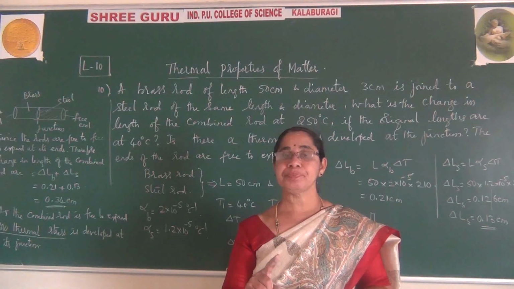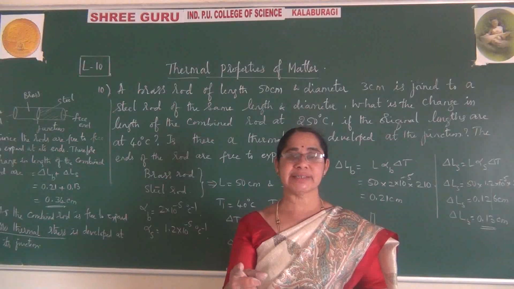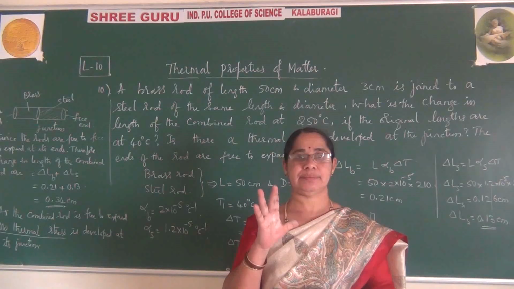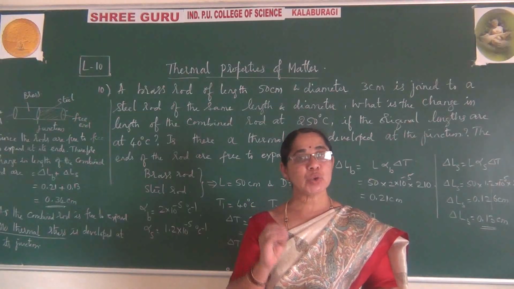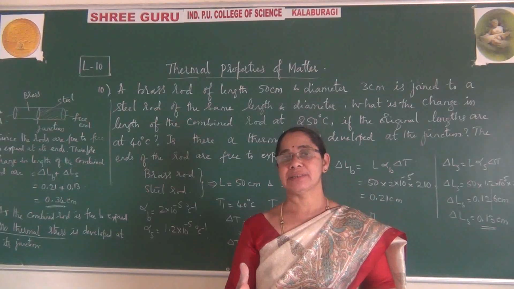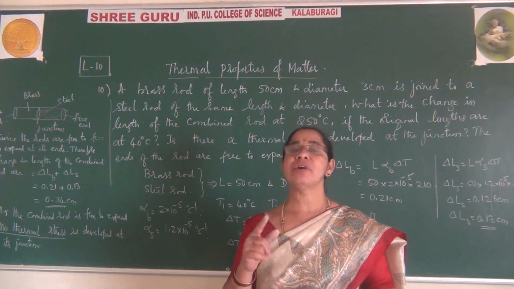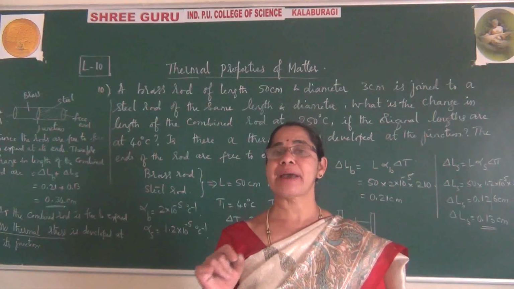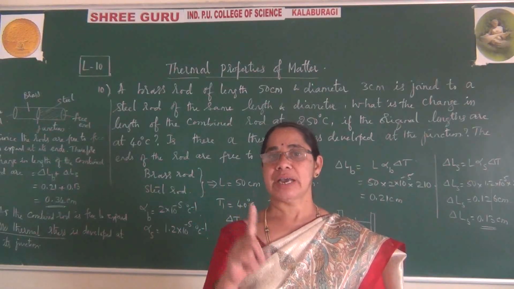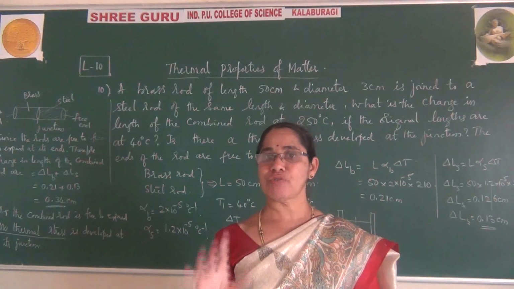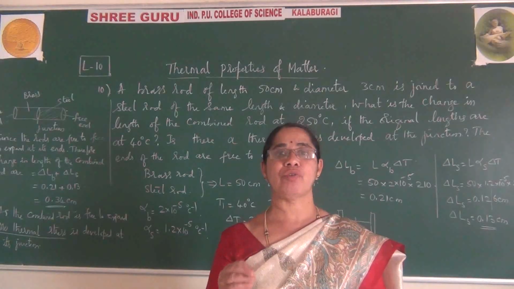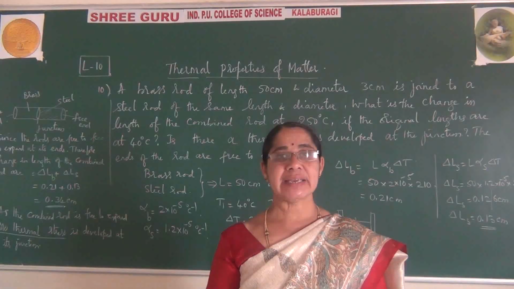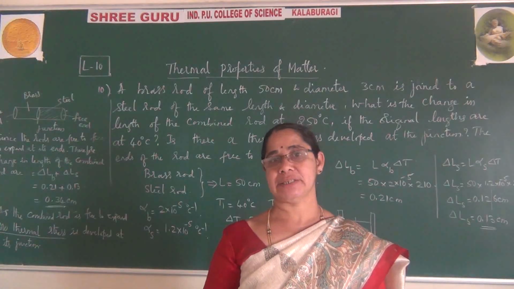When you heat from 0 to 4 degrees centigrade, naturally the water contracts. When you cool it, it expands. This is the peculiar behavior of water. For this we give the special name anomalous expansion of water, the peculiar behavior of water in which its expansion and contraction change with rise and fall of temperature.